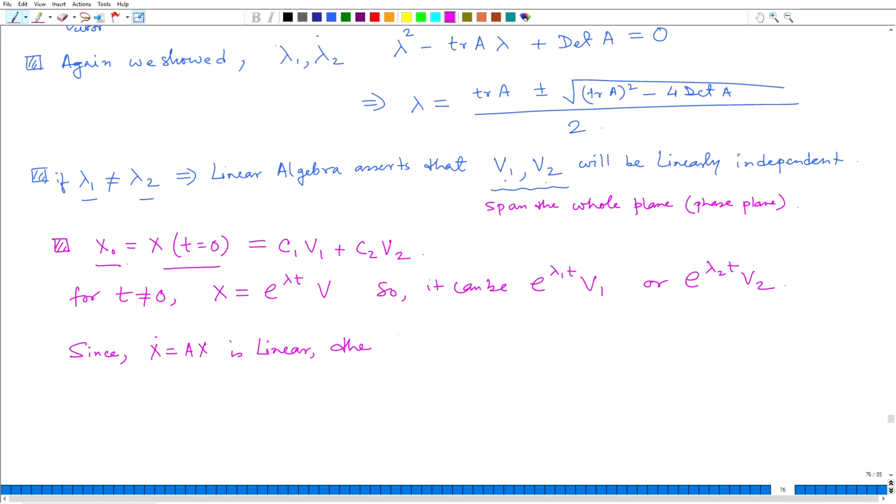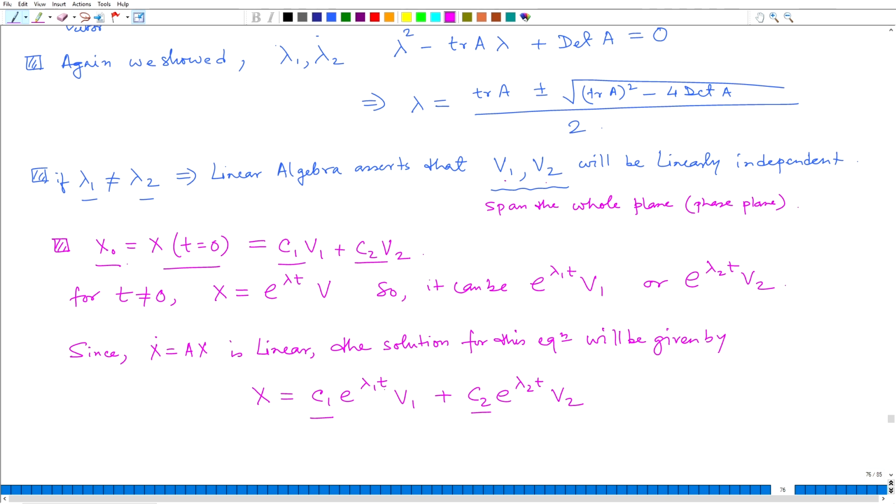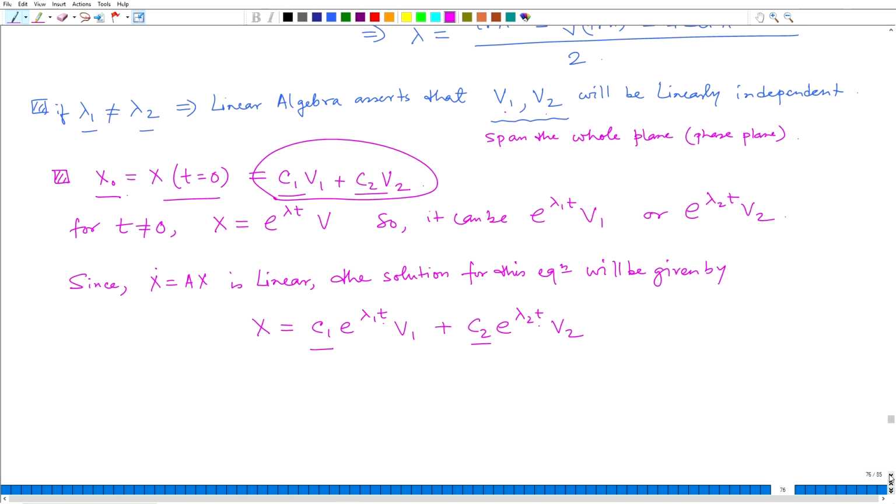So, the solution for this equation will be given by x equal to C1 e to the power lambda 1 t V 1 plus C2 e to the power lambda 2 t V 2, and here I have chosen this C1 and C2 exactly equal to the earlier C1 and C2, so that if you now write t is equal to 0, you can get back this expression for x 0. And this is the general solution of x.